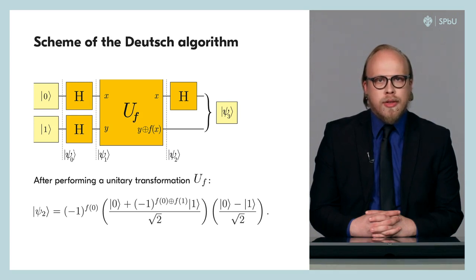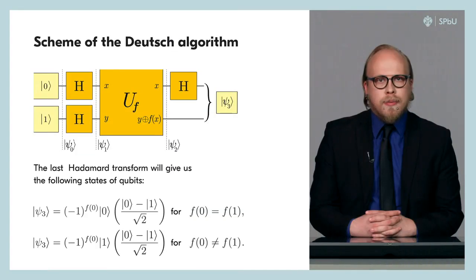It is easy to see that if the function f is constant, then the sum of these values modulo 2 will give 0, and the state of the first qubit will be an equiprobable sum of states 0 and 1. If the function f is balanced, then the sum of the values of the function f modulo 2 will give 1, and the phase factor will become equal to minus 1, which means that the state of the first qubit will be an equiprobable difference of states 0 and 1.